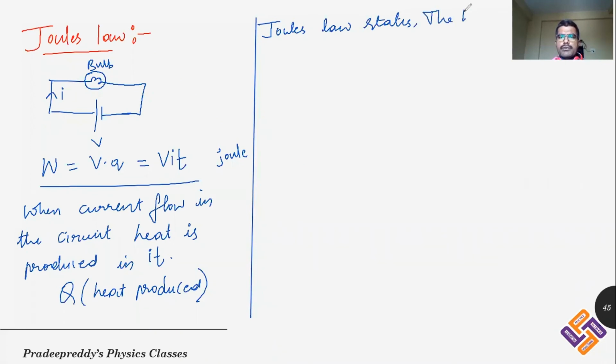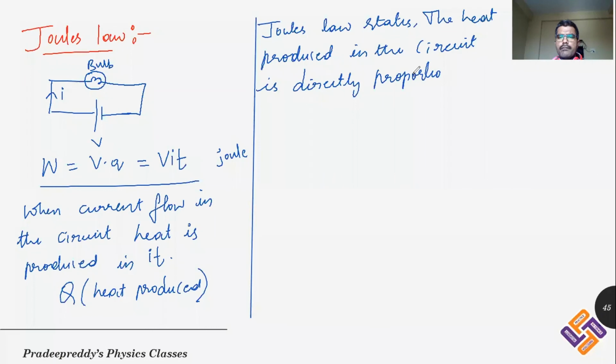the heat produced in the circuit is directly proportional to the work done by the battery. How much work is being done, that much heat is developed in the circuit.